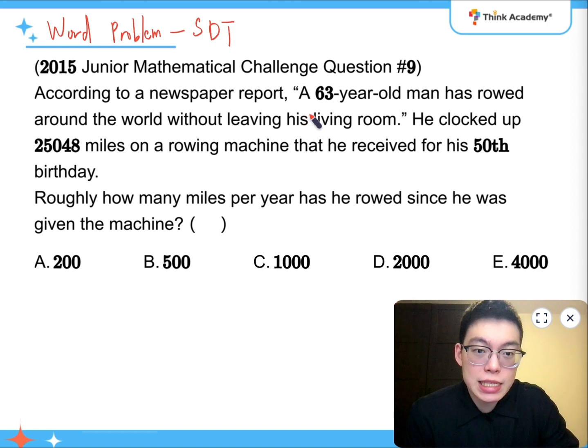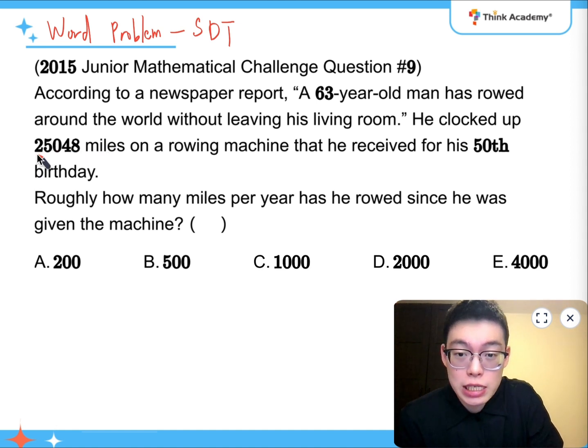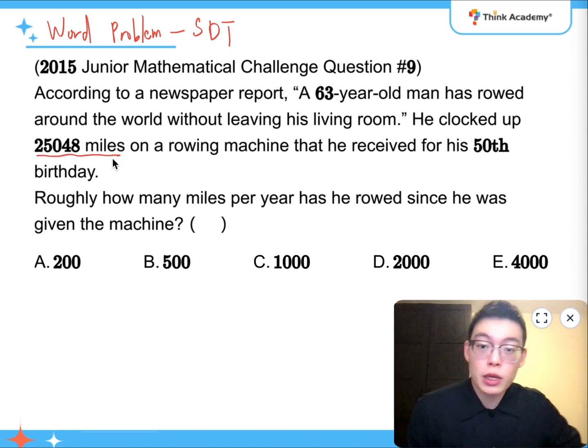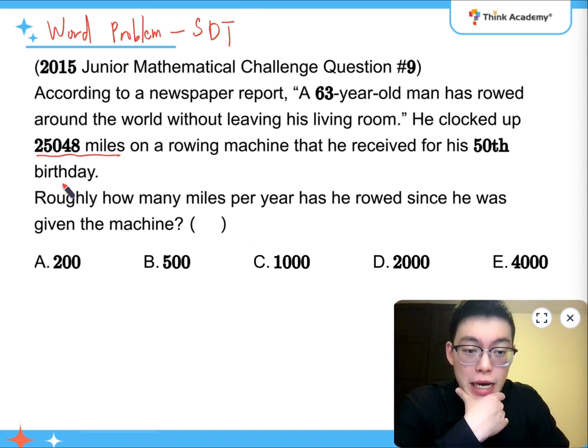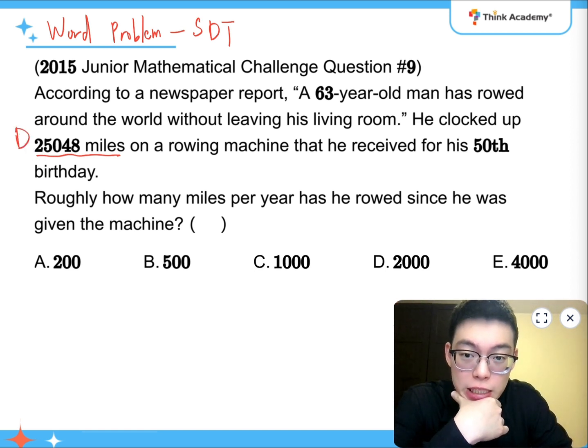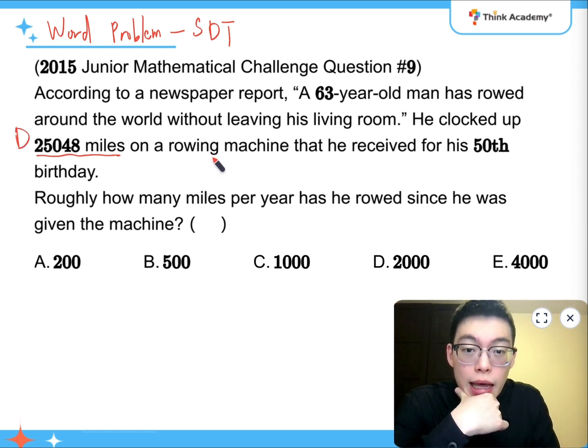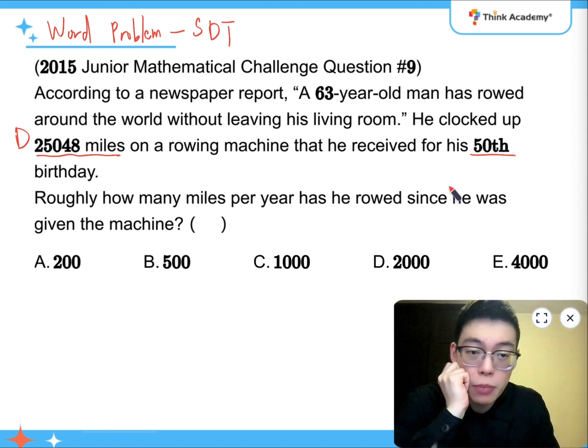So it says that a 63-year-old man has rowed, and in total, he has gone 25,048 miles. So that's the distance. And that rowing machine is when he received it for his 50th birthday. So what is the time that has passed?